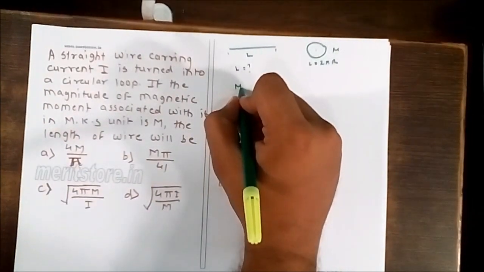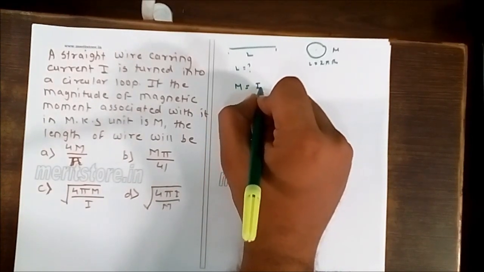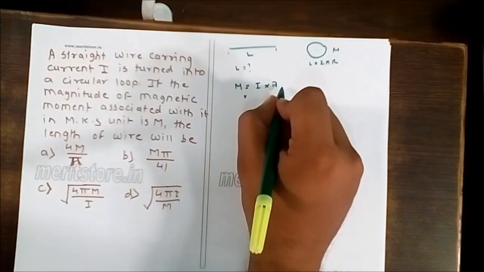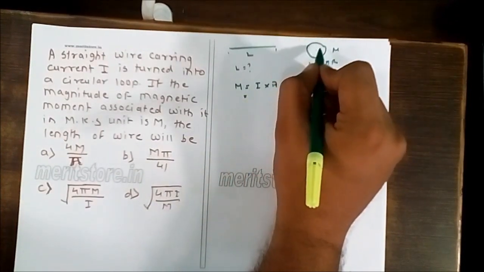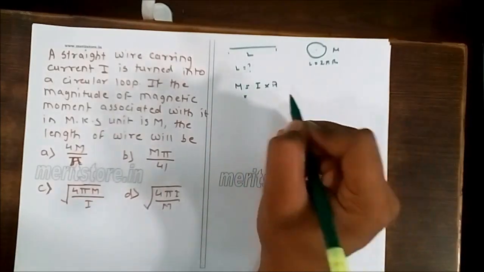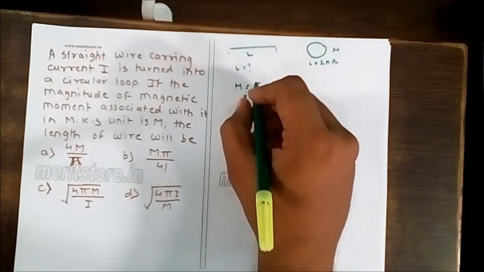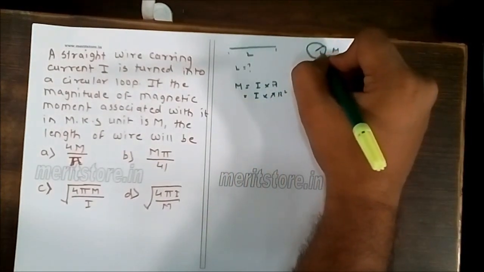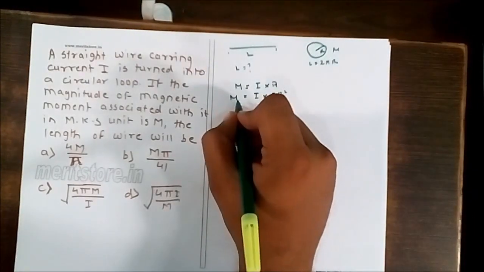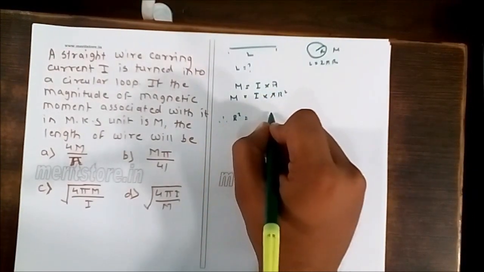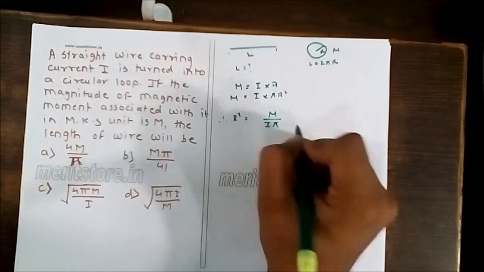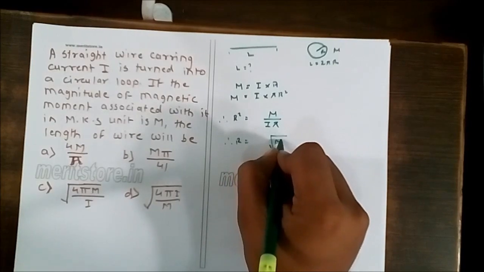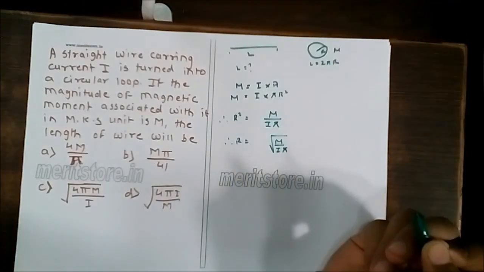First of all, we'll see that magnetic dipole moment is current into area. Actually it's NIA, but here there's only a single loop, so I would directly take N as 1, so I into A. I into pi r square, where r is the radius of the circular loop. From here r square is equal to m upon I pi. So therefore r is equal to under root of m upon I into pi.